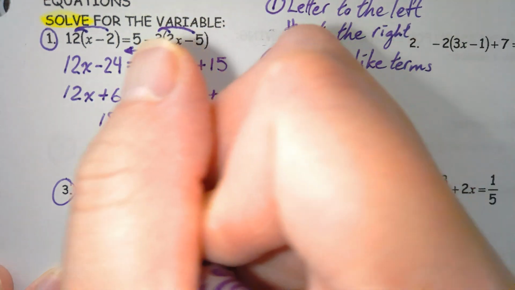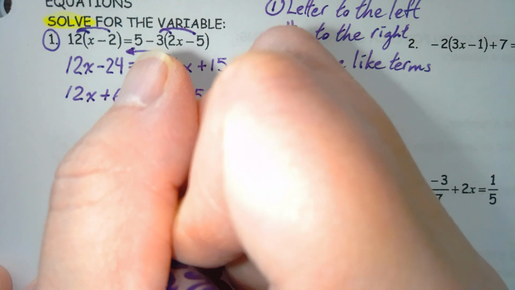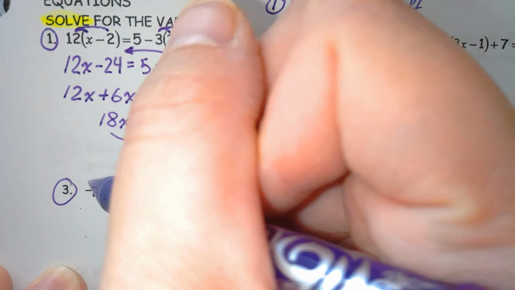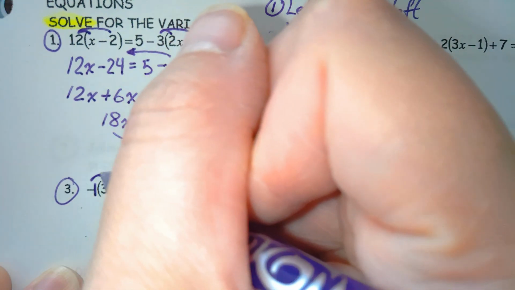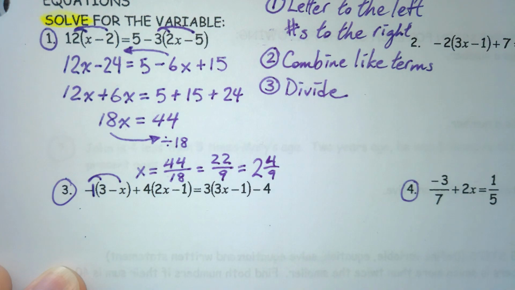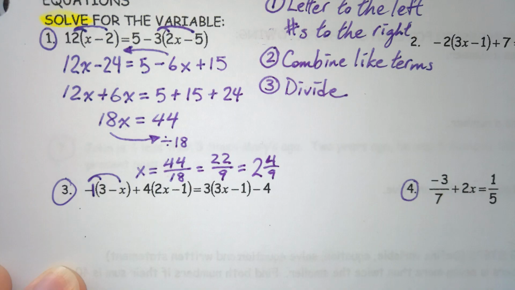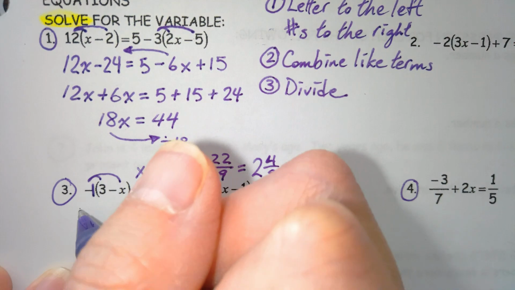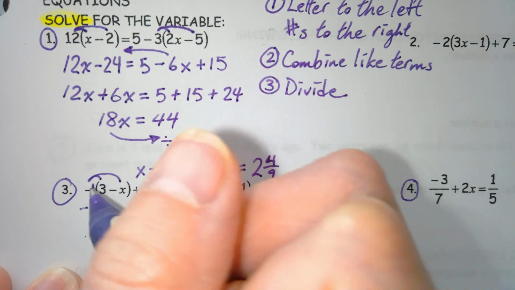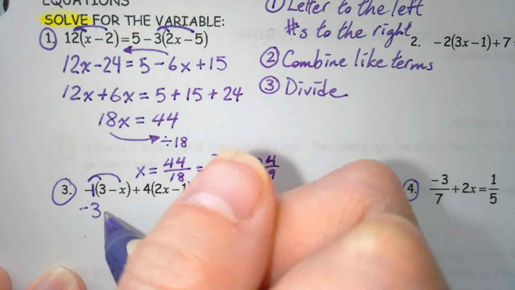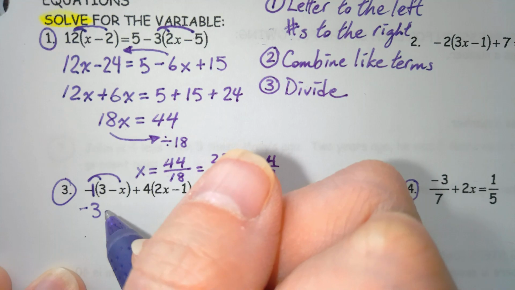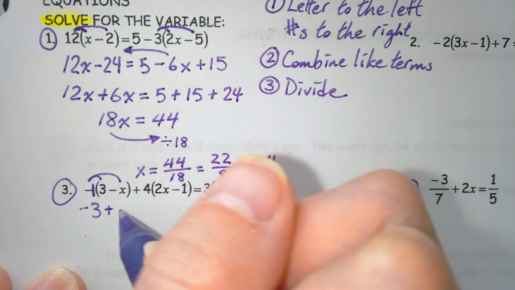So just because you see a negative, it does mean that there is still a number there. The number there is -1. And because it is a number, you have to distribute it. You have to multiply it in. So -1 times 3. Good. -1 times -x. Plus x. Or plus 1x.